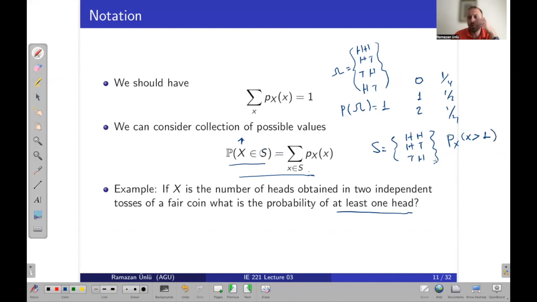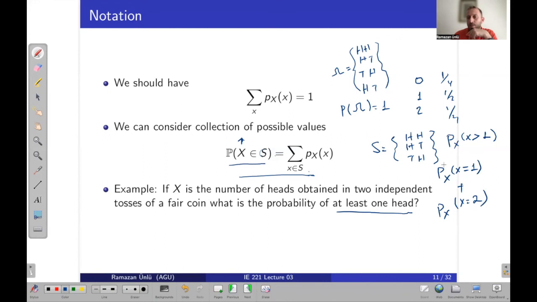If I calculate the probability of x in which the small x will be greater than 1, that means, if I open this part, I will calculate x equal to 1 plus x equal to 2, right?